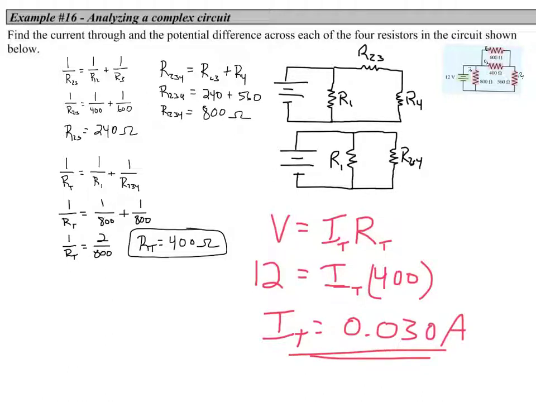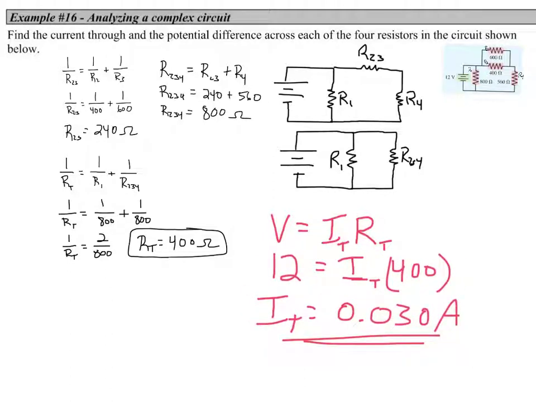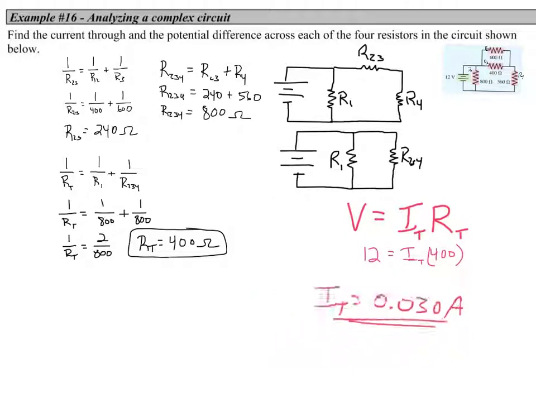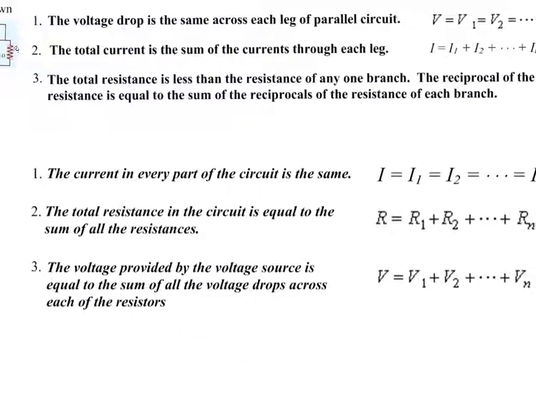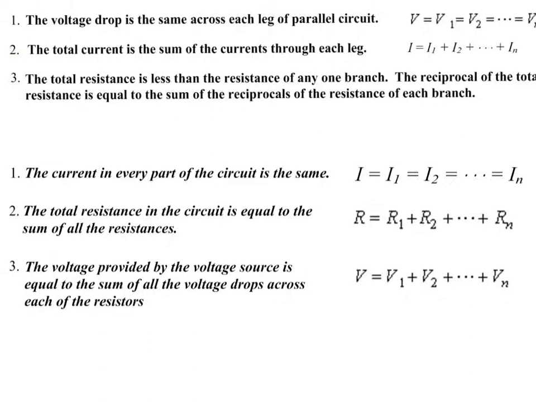Once we have this, we have our total potential difference, our total resistance, and now our total current. And we can begin to look at individual resistors in this circuit. We then apply the circuit rules and are able to figure out what we need to for each individual resistor.